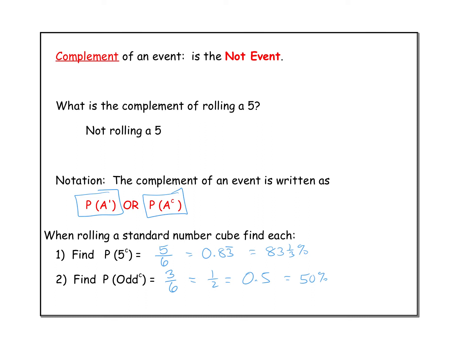Of not getting an odd, which means rolling an even. Because that's a complement. Does that make sense, what a complement of an event is?